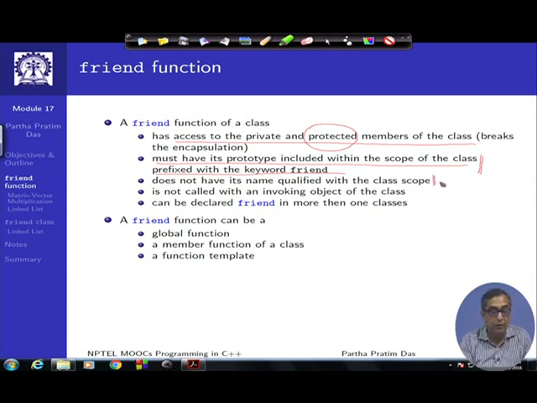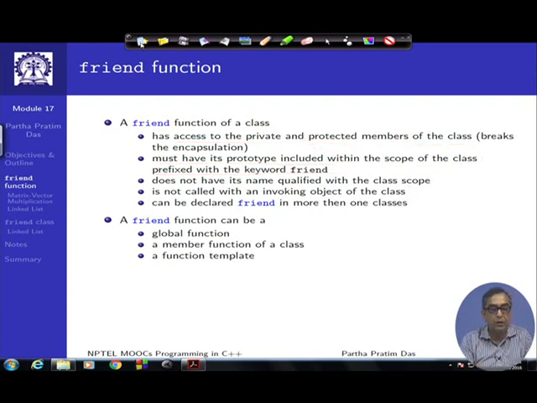Now, this function does not belong to the class, is not a member function, therefore, its name is not qualified by the class name as we do for normal non-friend member functions. It is not called by invoking an object, because it is not a part of the class, and a particular function can be a friend of more than one class.